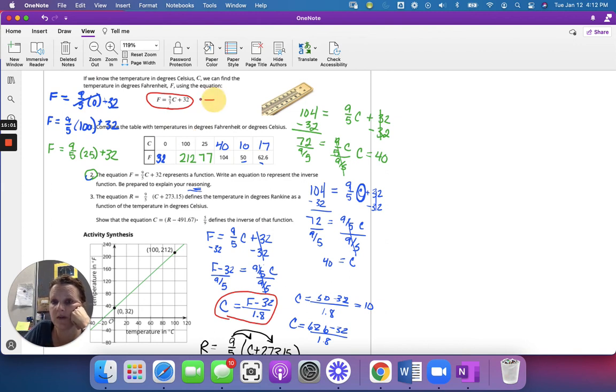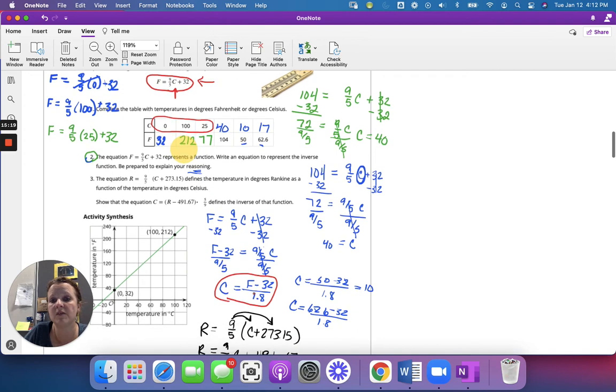Now we would use this one if we had a table where they were giving us all the C's, like here. If we knew what the Celsius was and we were trying to find the Fahrenheit, we would use that equation, because we would input the C, and Fahrenheit's already solved by itself.